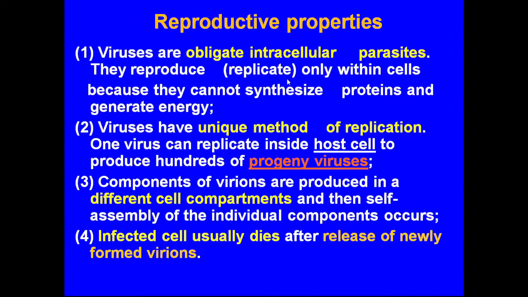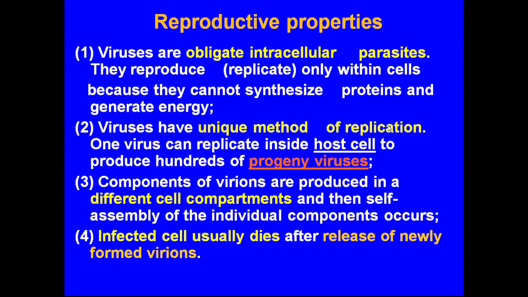That is called replication. The viruses have a unique method of multiplication that is usually referred to as replication. Why is it called replication? Because as soon as one virus particle enters the host cell, it doesn't divide like other living organisms. By a unique way of multiplication, it produces identical replicas of the initial virus particle.